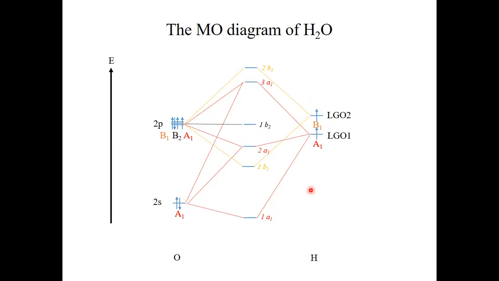Now we have to fill these electrons into the molecular orbitals according to energy. So we have these 6 electrons, but with these 2, that gives overall 8 electrons that we have to fill now into the molecular orbitals with the lowest energy.